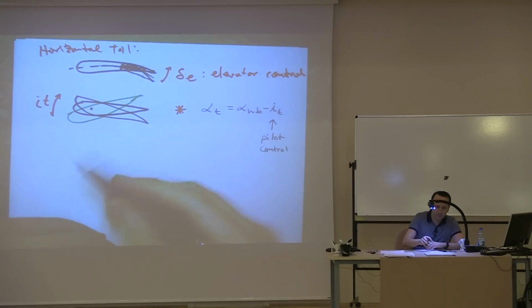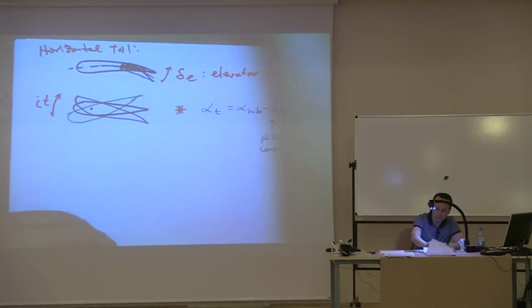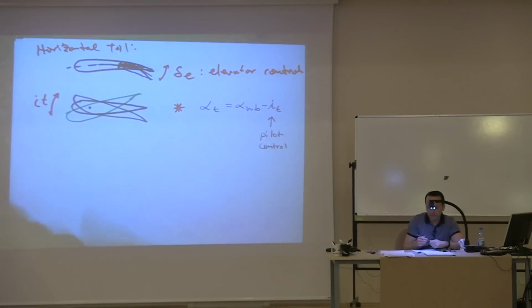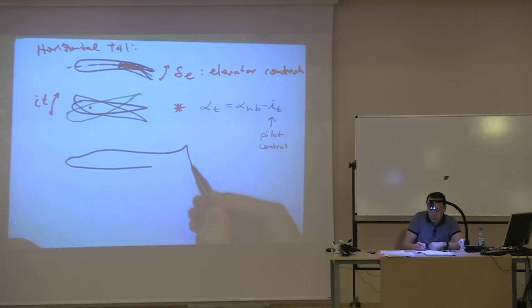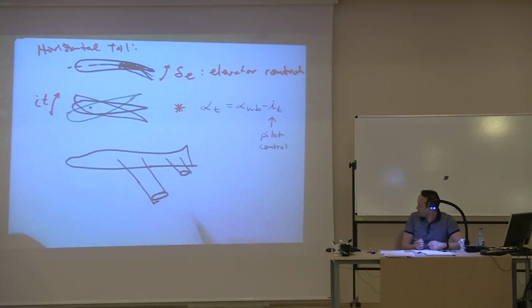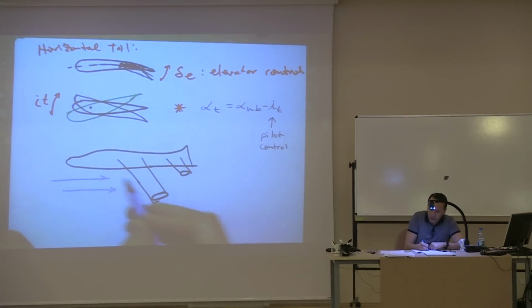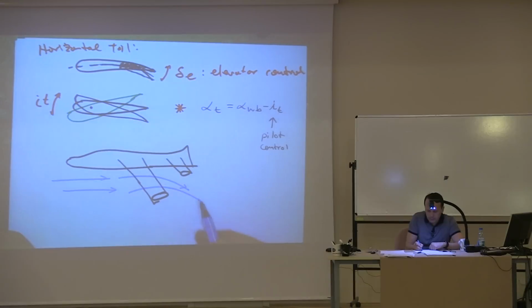The second thing, which is kind of important, is if your airplane is not too long and you have a horizontal tail over here, and let's say the wing is too close to the horizontal tail, I'm going to exaggerate this a little bit. What's going to happen is that when the air moves towards the wing, it will bend slightly downward, right? We call it the downwash.